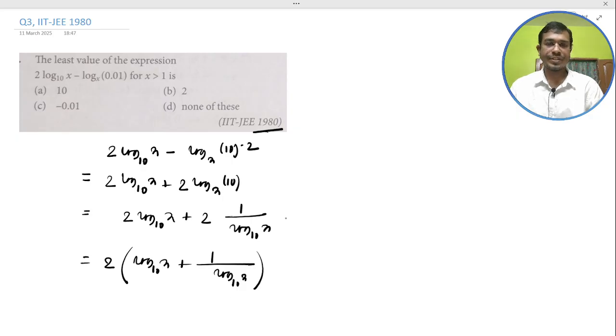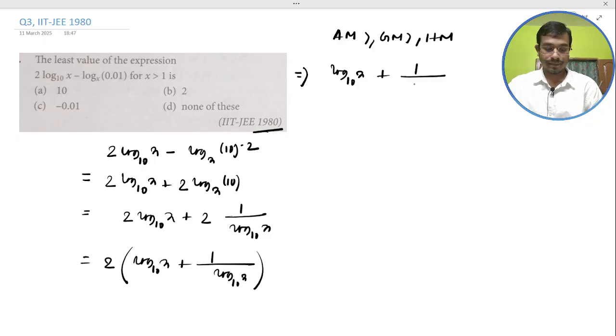By the AM, GM, HM inequality, that means AM greater than or equal to GM greater than or equal to HM. We already discussed arithmetic mean in the progression chapter, progression series. Arithmetic mean is greater than or equal to geometric mean, which is greater than or equal to harmonic mean. That means log 10 to the base x plus 1 by log 10 to the base x, divided by 2, arithmetic mean is greater than or equal to geometric mean.